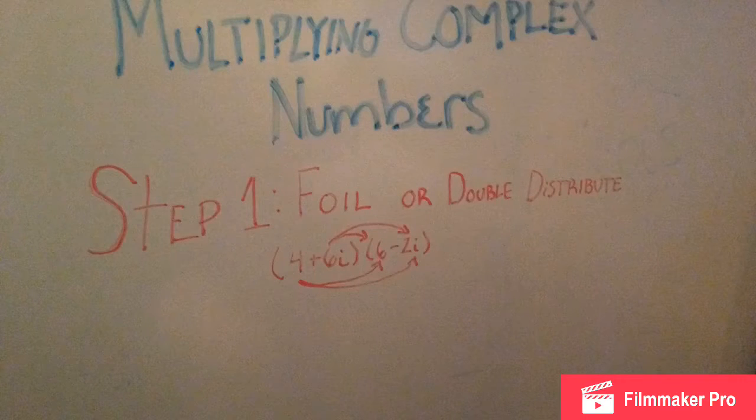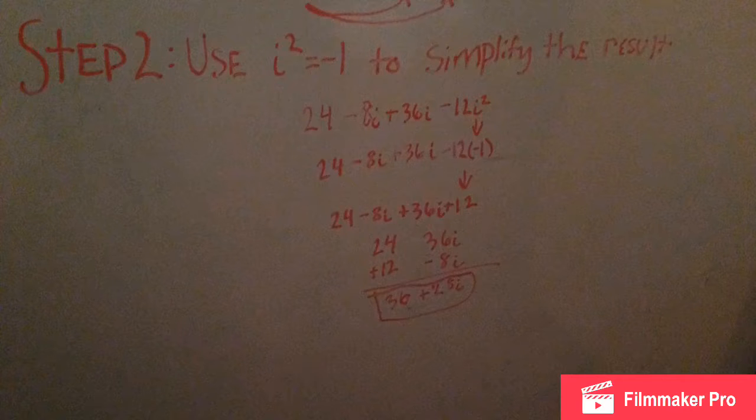With FOIL, you will combine 4 minus 2i and 6 plus 4i... Then you'll put 6i times 6, and then 6i times negative 2.